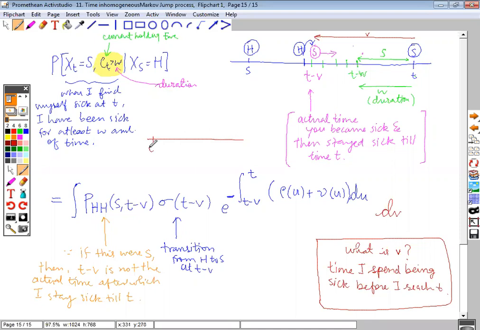Okay, so my S is 0, my T is 10, and what I'm trying to say is that I know for sure that from 6 to 10 I am in sick state, okay, but I don't know whether I was actually sick only for these 4 years or I'm sick from previous years as well.